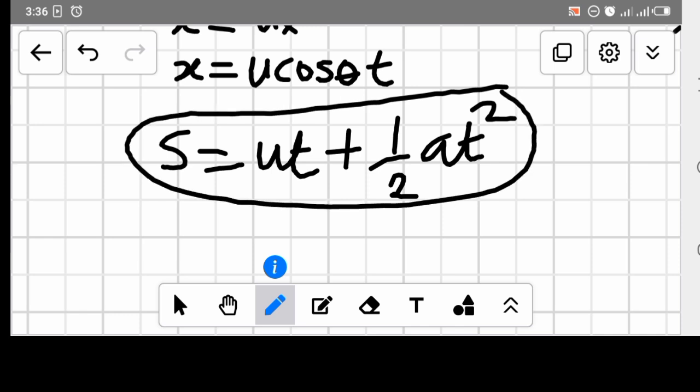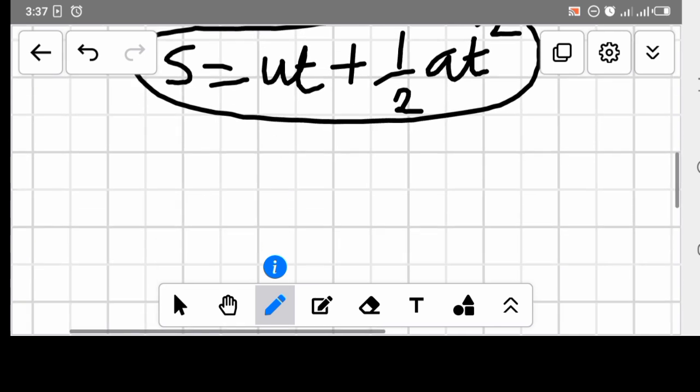Along the vertical axis, the acceleration that acts is gravity, acceleration due to gravity. So we change this a to g. The u is going to be the velocity along the vertical axis, that is uy, then t, and s is going to be the vertical distance y.